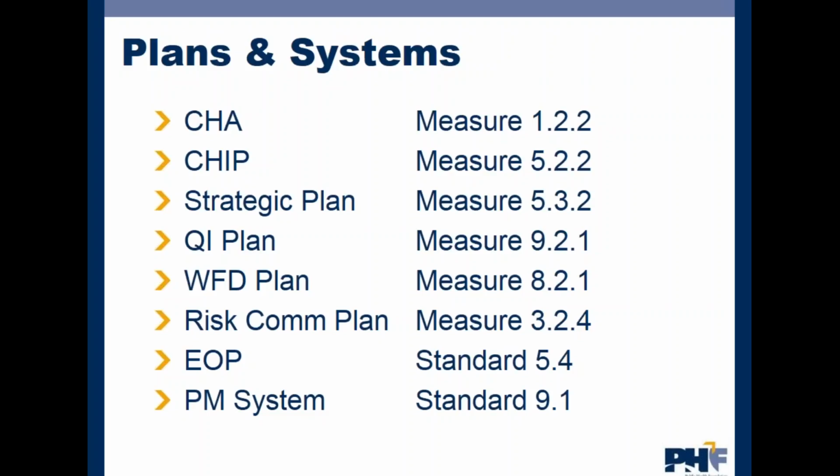So in the agreement, it's, do you have your CHA, CHIP, and strategic plan finished? And are you well on your way with the QI plan, workforce development plan, your emergency operations plan, and your performance management system? And then another addition is your branding strategy, which comes in domain 3.